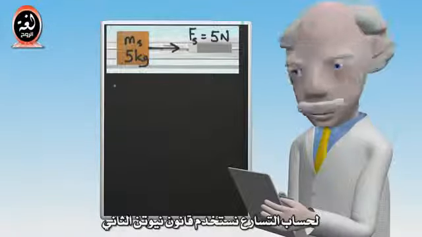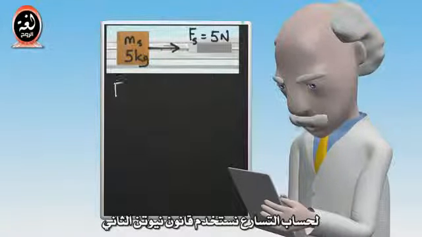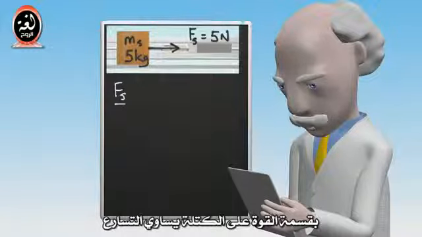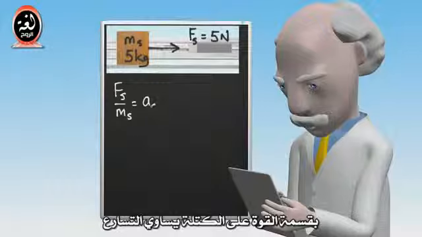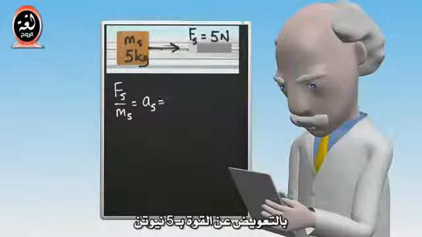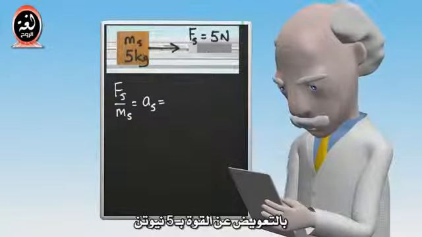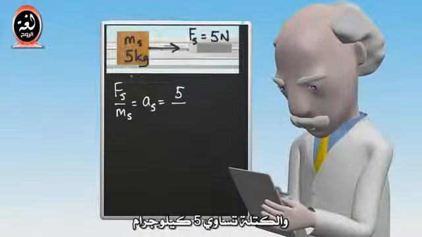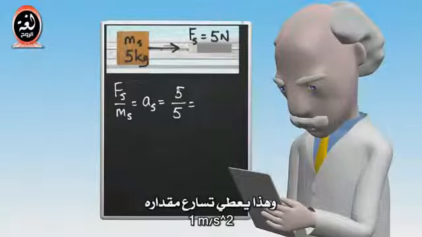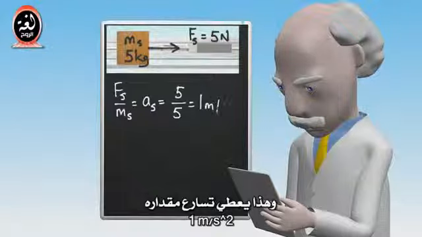We calculate the acceleration by writing the second law in the form force divided by mass equals acceleration. So taking the unbalanced force equal to 5 newtons and the mass equal to 5 kilograms, this gives 5 divided by 5, which equals 1 meter per second squared.